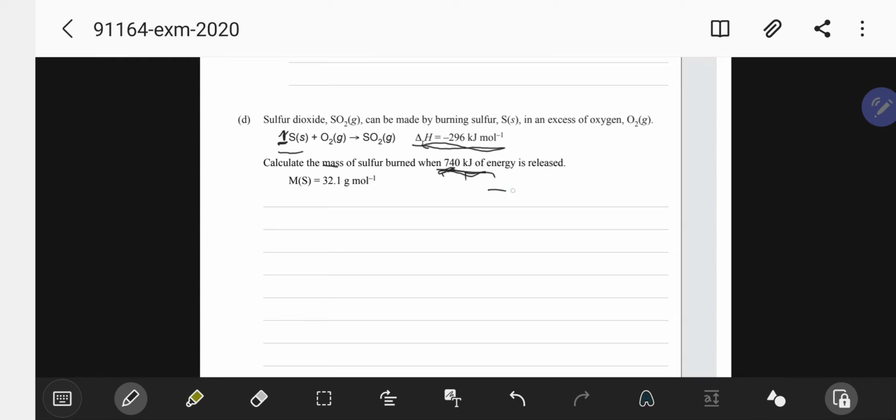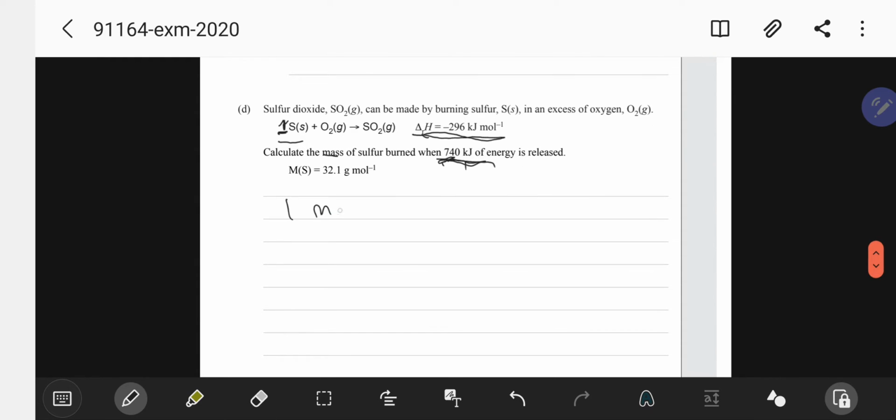So this is negative 296, but when you write released, you don't have to put that negative sign there. So 1 mole of sulfur releases 296 kilojoules of energy.